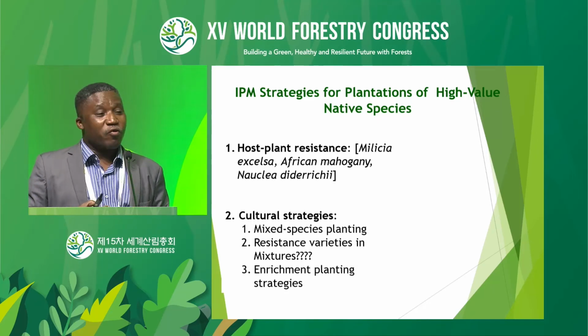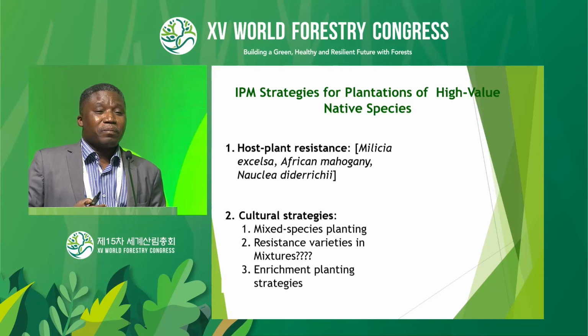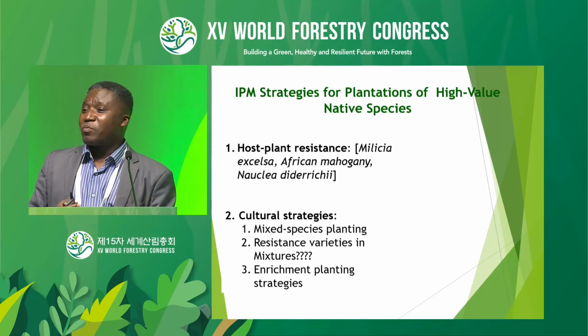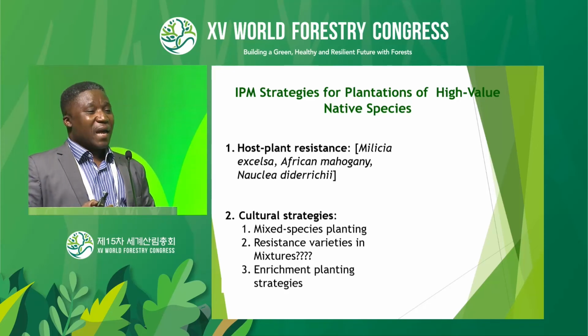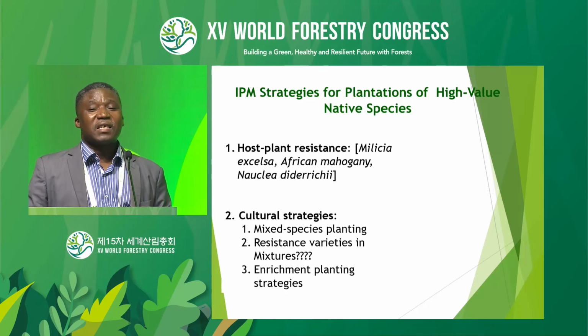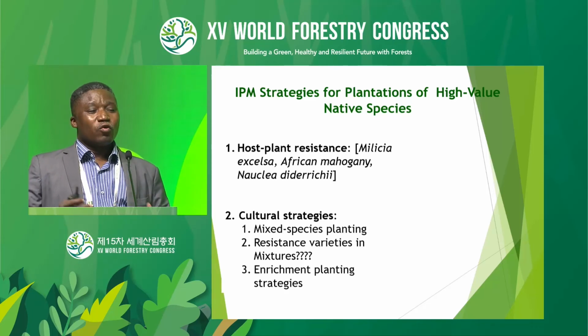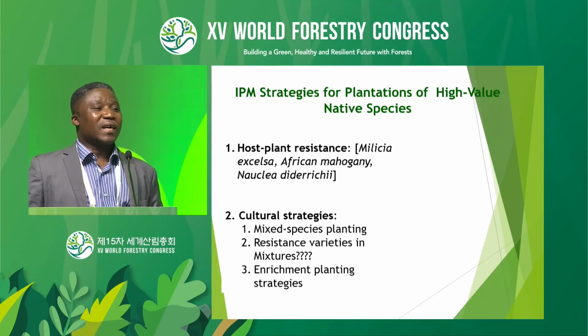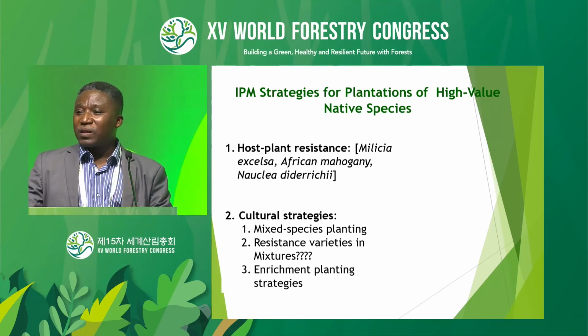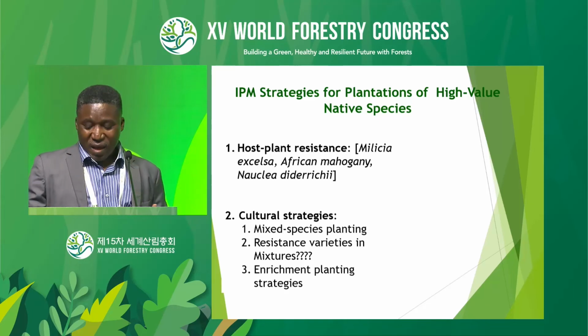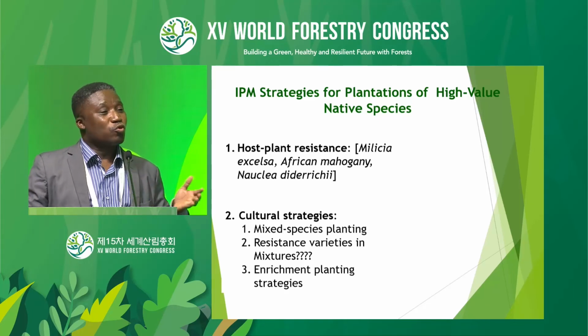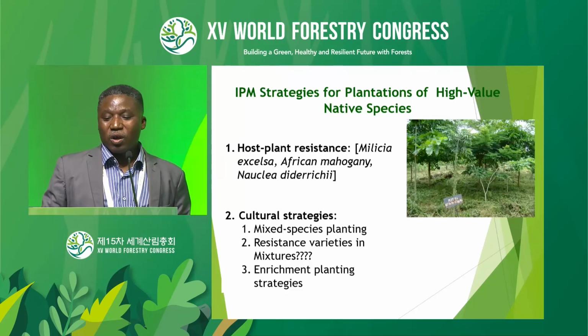And the next thing is enrichment planting. Enrichment planting, as some of you may know, is basically planting these high-value species in degraded forest. So you don't clear the forest. You look out for the gaps in the forest, and then you put these species there. And it's also a very diverse area, and it's able to get these species to survive.